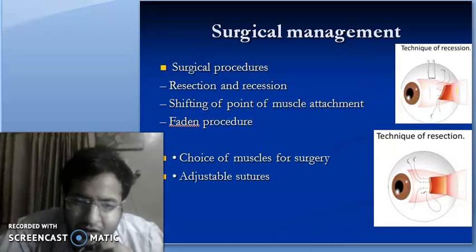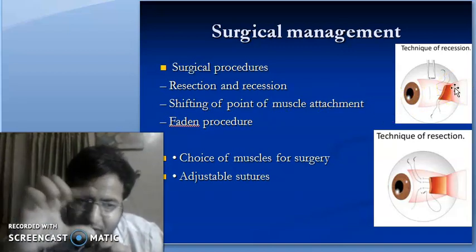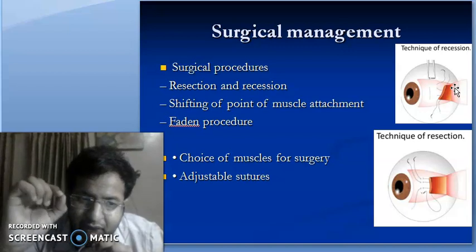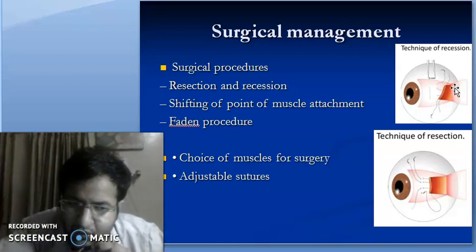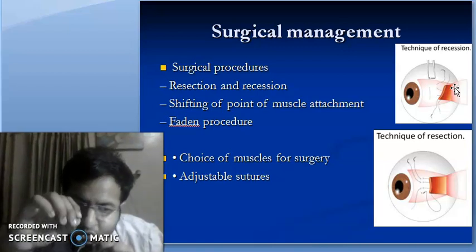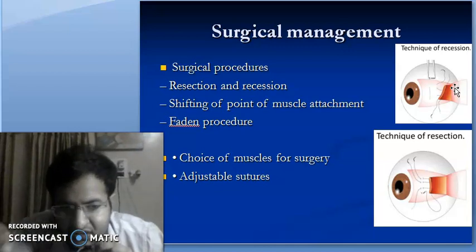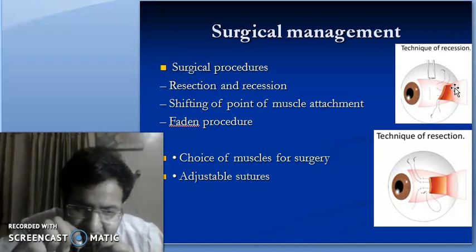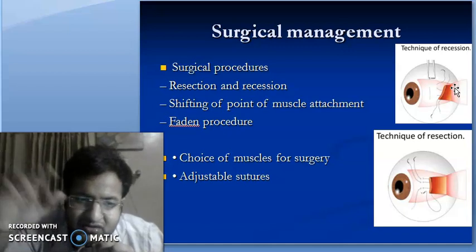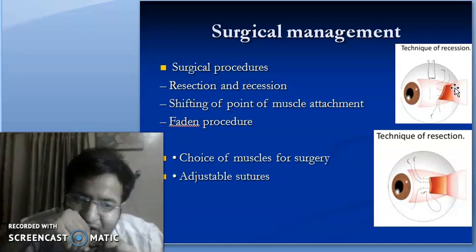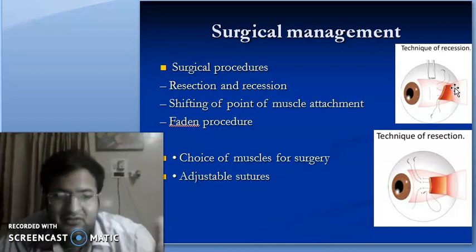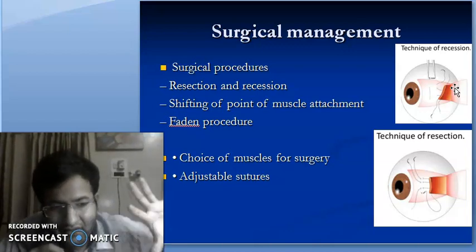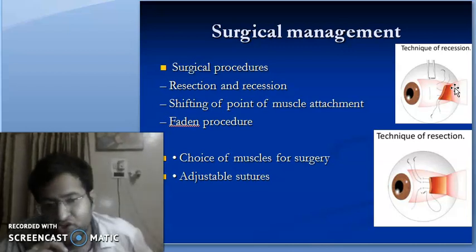Whatever the muscle tendon we have, we take a suture and slightly fixate the muscle tendon near the equator. We just suture it. We don't cut the tendon. We don't change the original insertion site. We just make a new insertion site over the tendon. And this is a procedure specially used in nystagmus, specially used for the correction of nystagmus to the primary position.